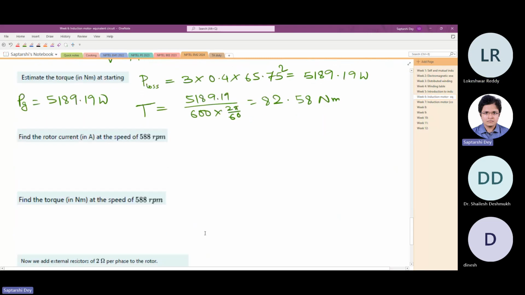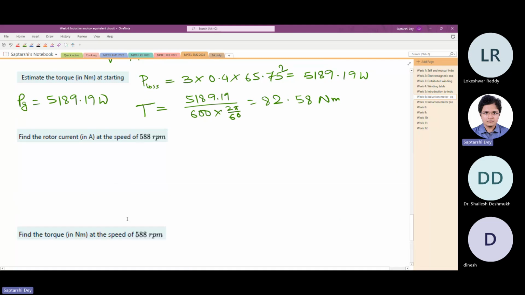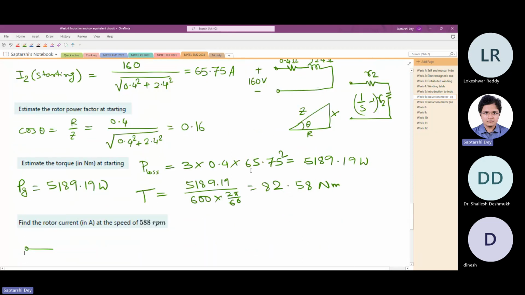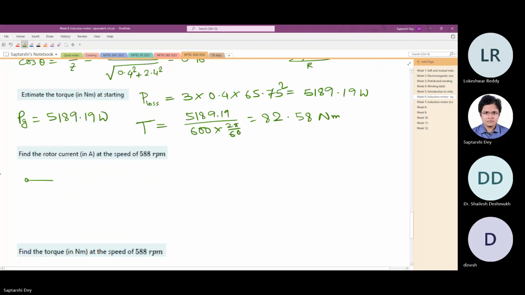So find the rotor current at the speed of 588 RPM. Everything is just solving the circuit. We will not consider any change in E. We will take that E remains the same, 160 volt. X remains same. R changes.